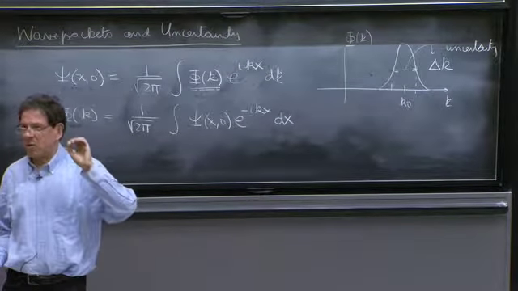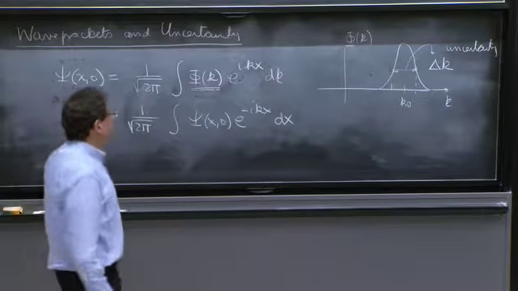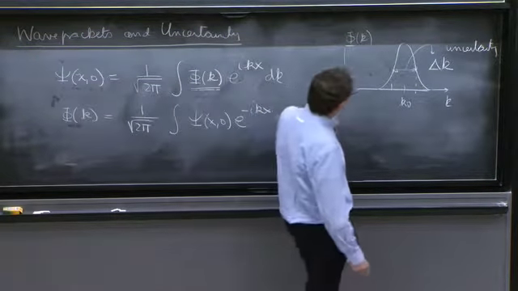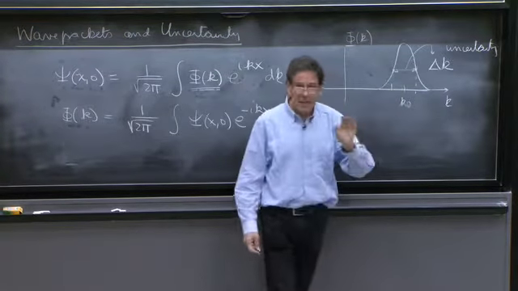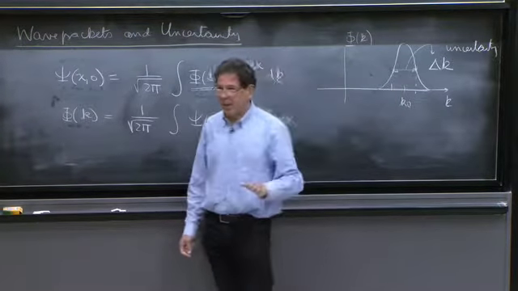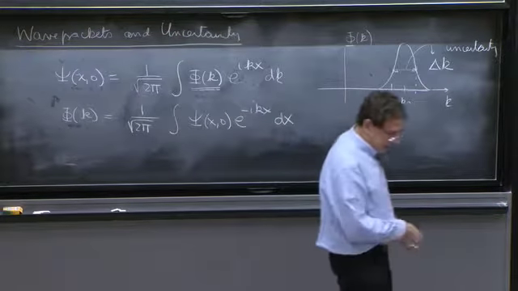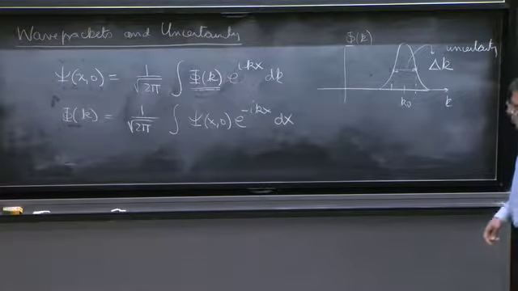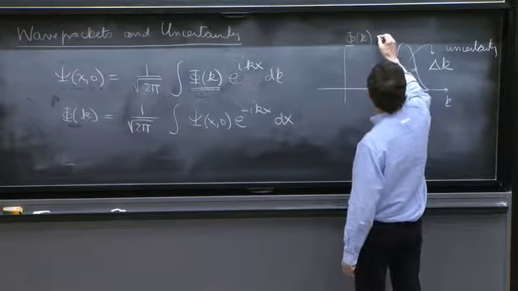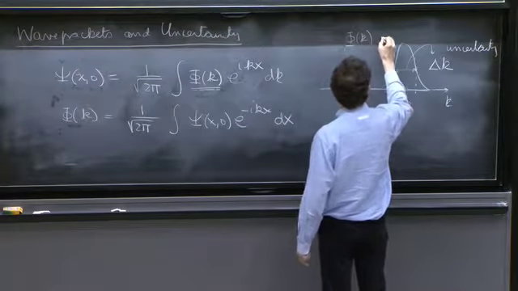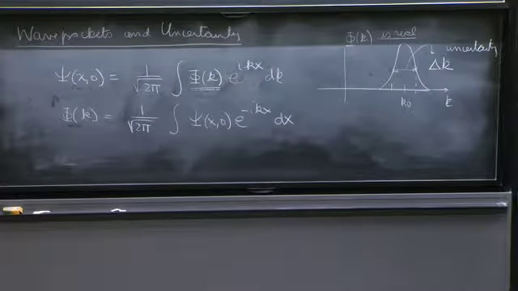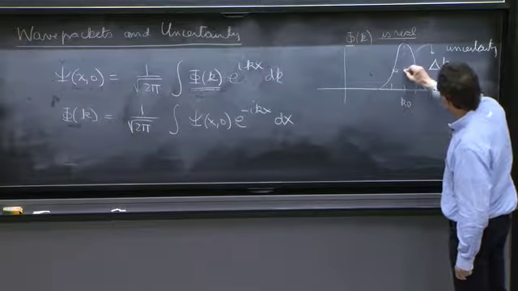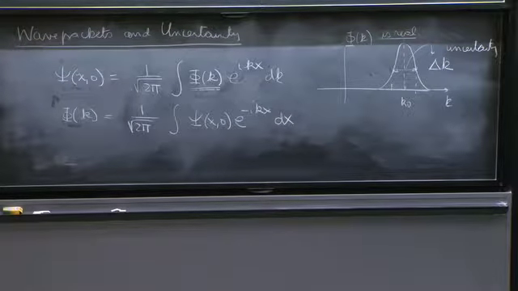Therefore, the factors of 2 are not trustable. If you're trying to make a precise statement, you must do precise definitions. And that will come later, probably in about 1 or 2 lectures. So at this moment, that's the uncertainty, delta k. And let's assume that this phi of k is real. And it's peaked around k naught, uncertainty delta k.